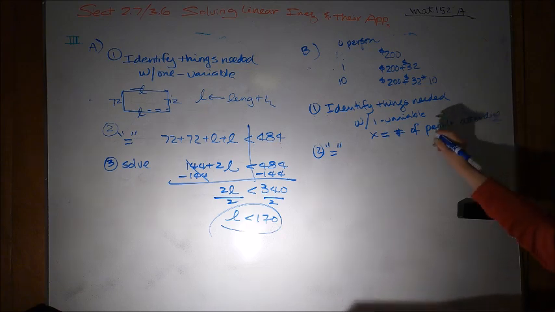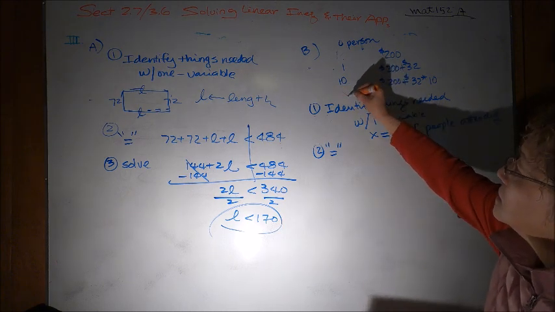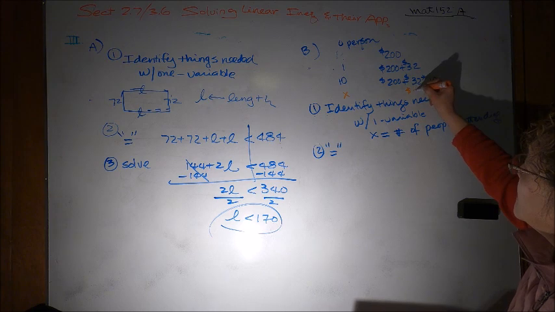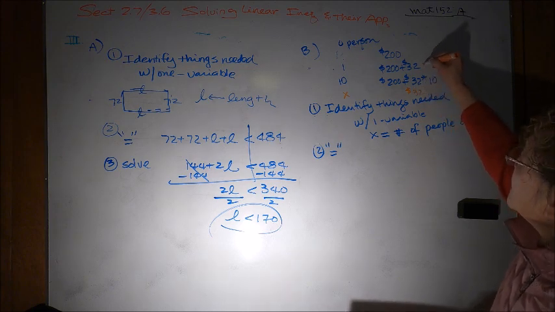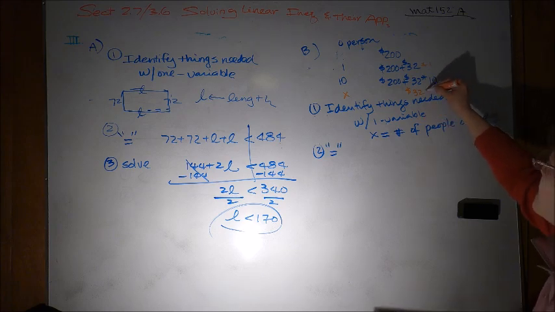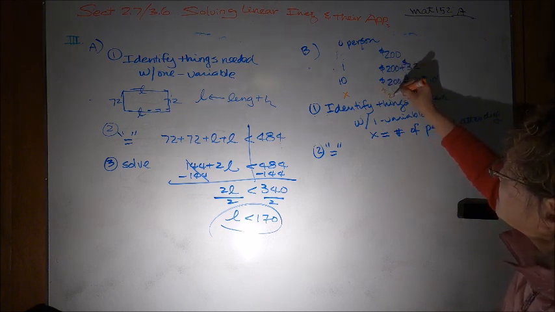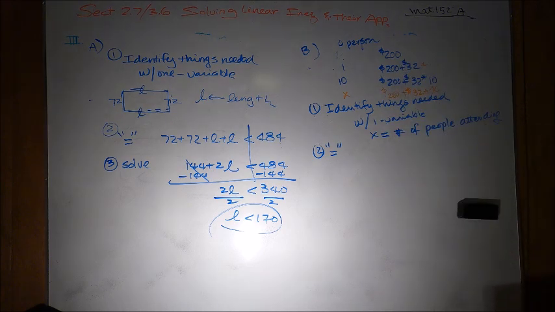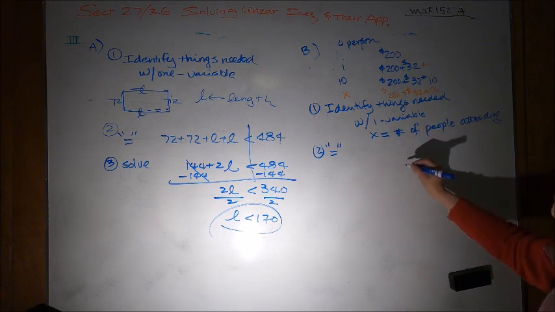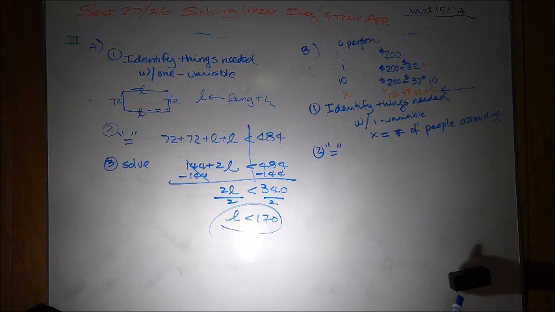So for X persons, how much will she spend? 1 person times 1, 2 persons times 2, 10 persons times 10, so X persons will be times X. Then also plus $200 for the setup fee. So what's the total cost?